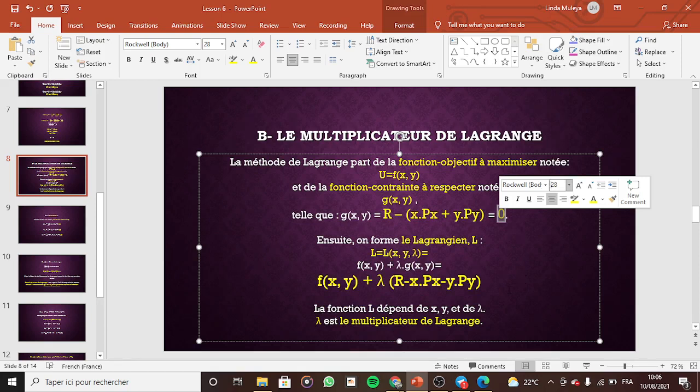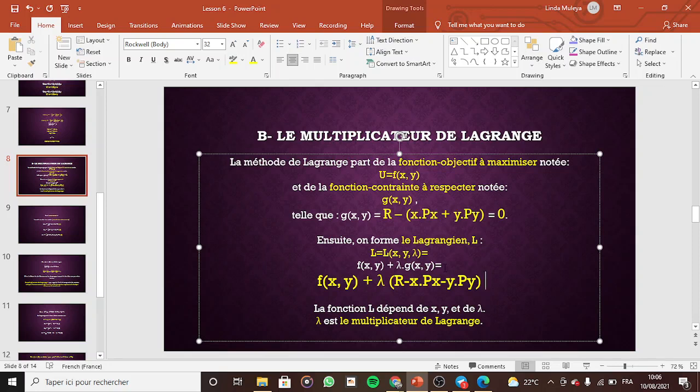Voila. So when you combine these two formulas, you have F of X and Y, which is your total utility formula, plus G of X and Y, which is the function for budgetary constraint. And this last part, the function of budgetary constraint, is multiplied by Lagrange.